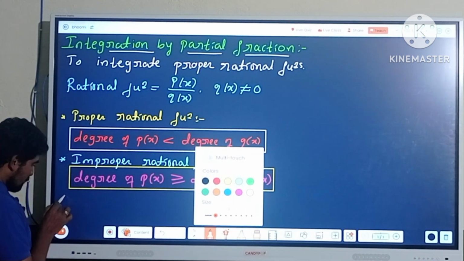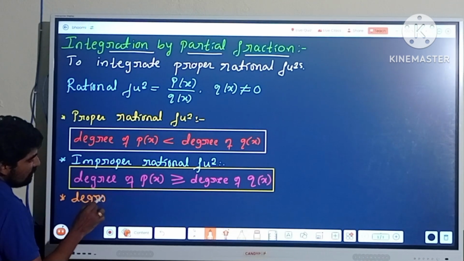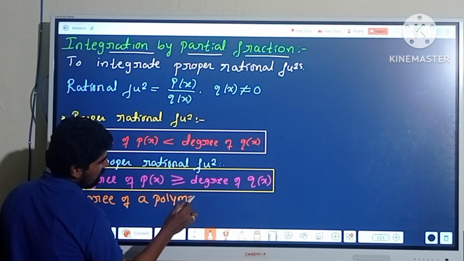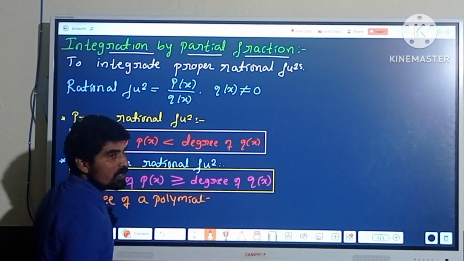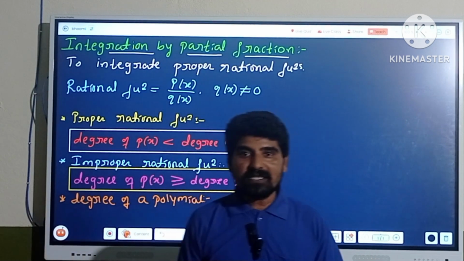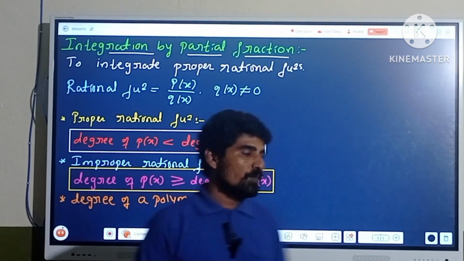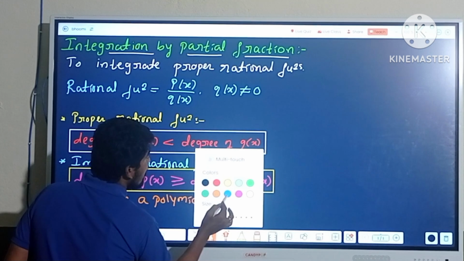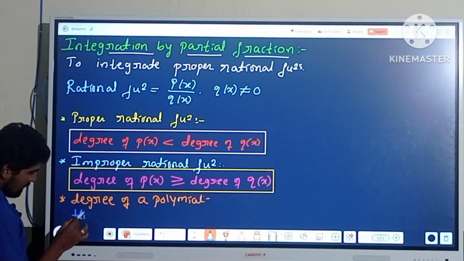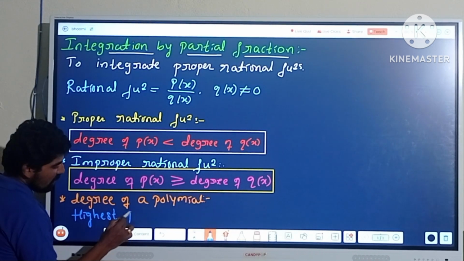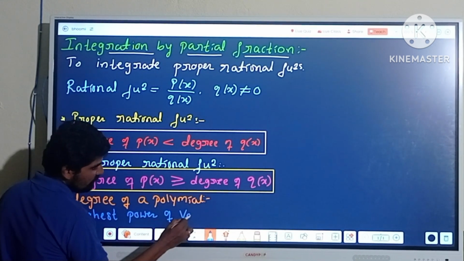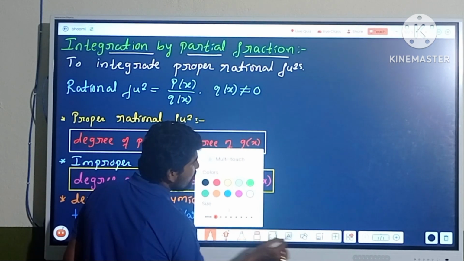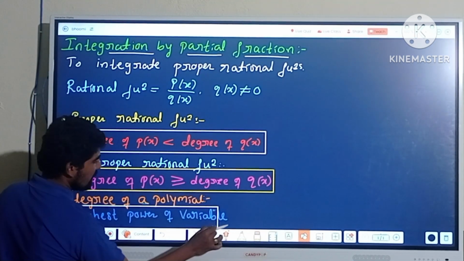Degree of the polynomial means the highest power of the variable involved in the polynomial. I hope all of you are understanding. The highest power of the variable involved in the polynomial is called the degree of the polynomial.